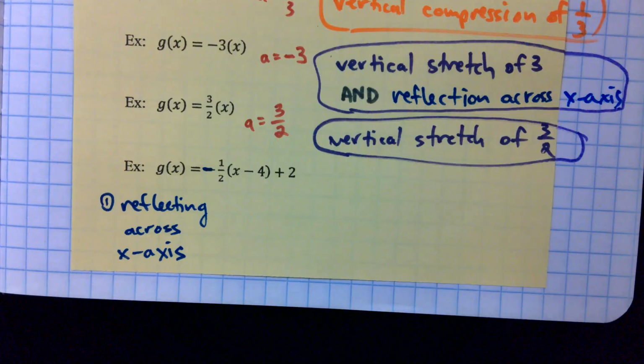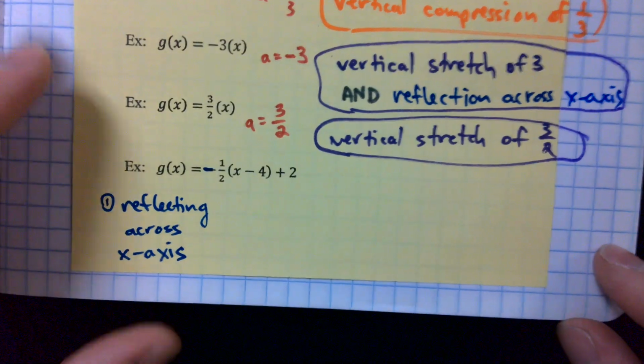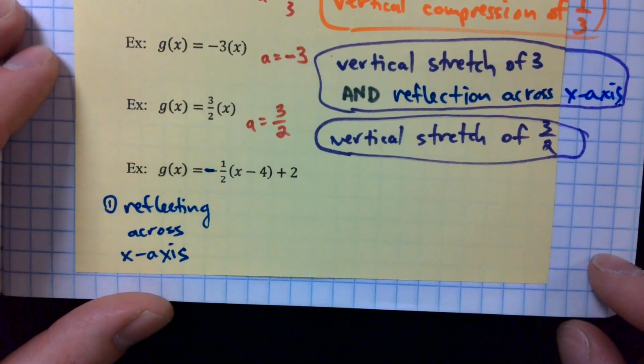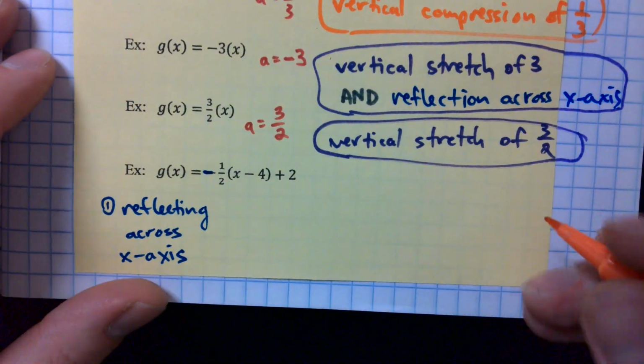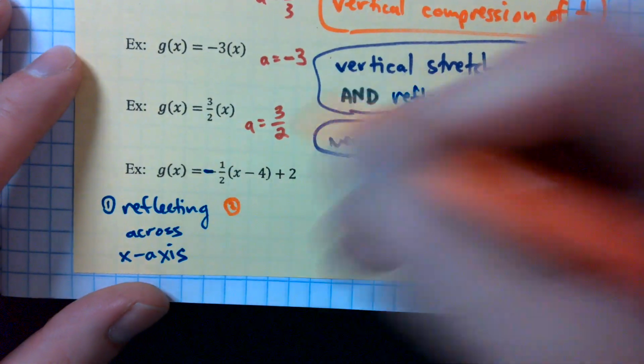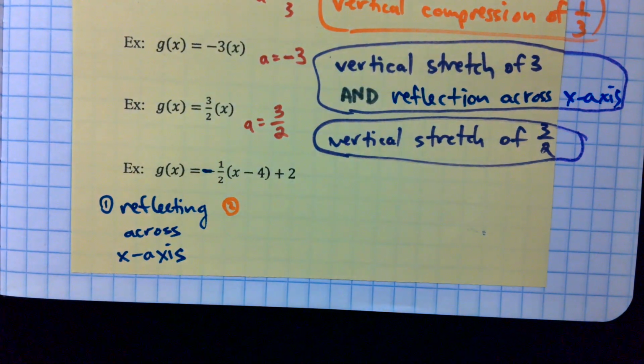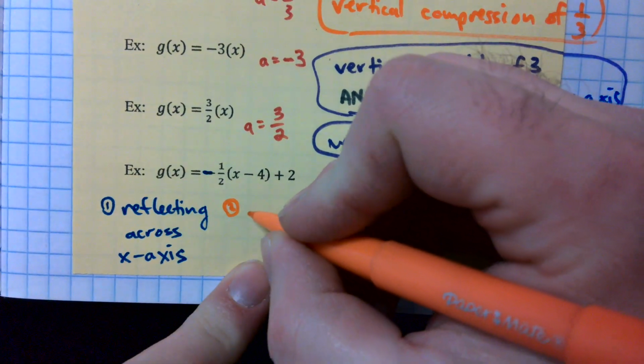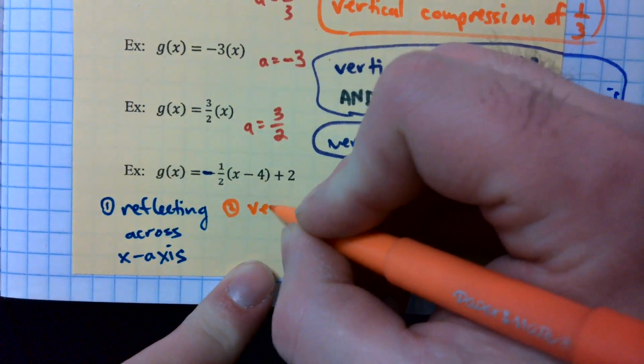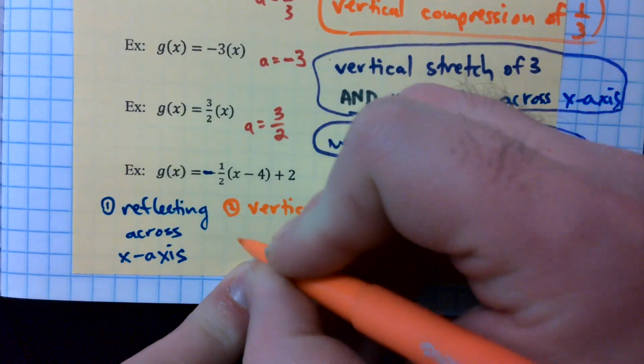What do you see right after that negative sign? 1/2. That's my a value, right? Is that bigger than 1 or less than 1? Less than 1. So what does that 1/2 tell me I'm doing here? Compressing. Want to be specific? Vertical compression.